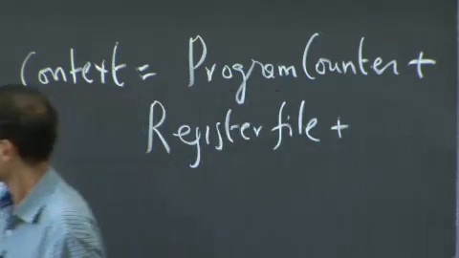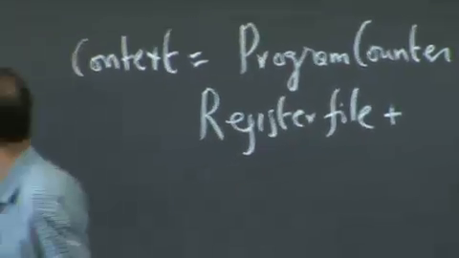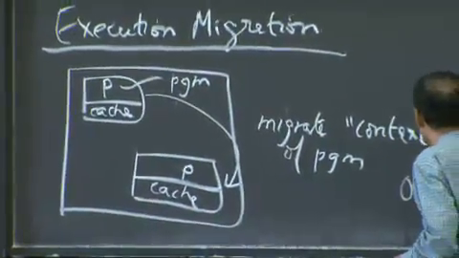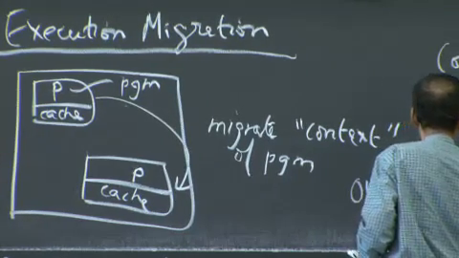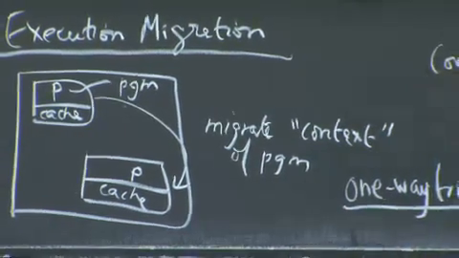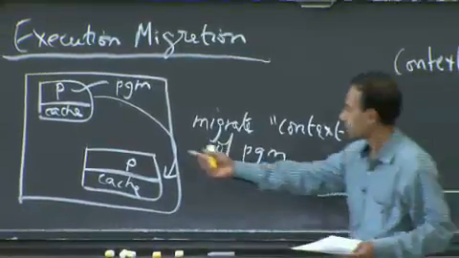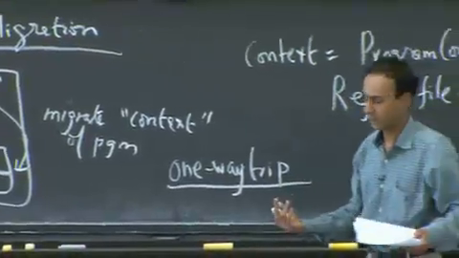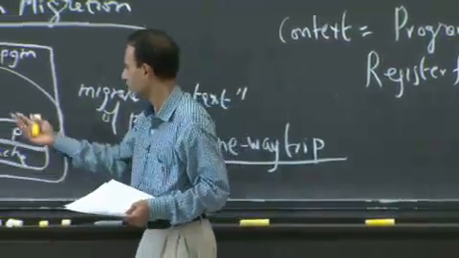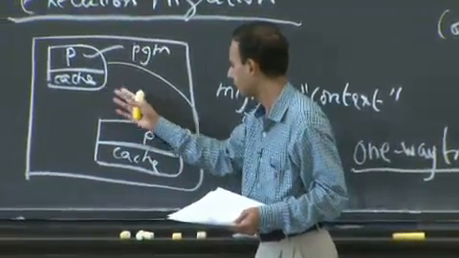So the advantage with execution migration is that it's a one-way trip as opposed to a round trip. You don't have to send a message and get the data back, which would be two messages, if you will, one in the case of the address and the other for the data.